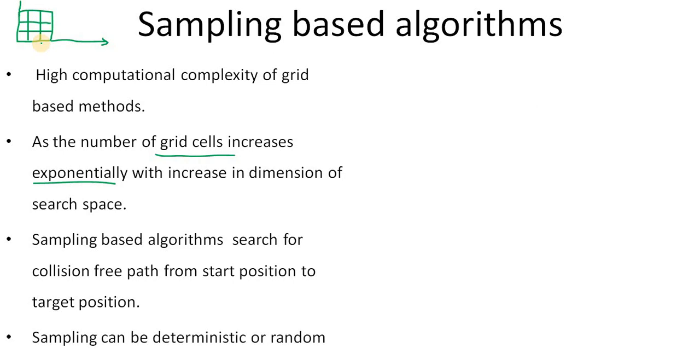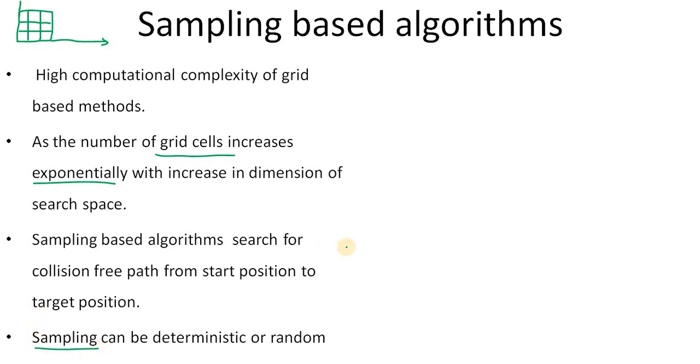So sampling can be deterministic or random, but mostly we use random sampling for these types of algorithms. But it can also be deterministic, so there are no strict rules here. So now what is sampling?